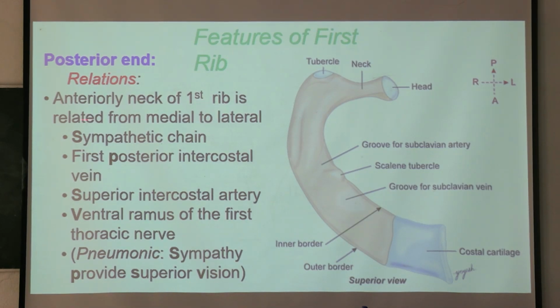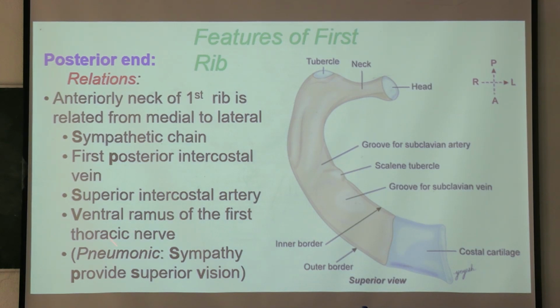Relations. Anteriorly, the neck of the first rib is related, from medial to lateral, to the sympathetic chain, first posterior intercostal vein, superior intercostal artery, and ventral ramus of the first thoracic nerve.